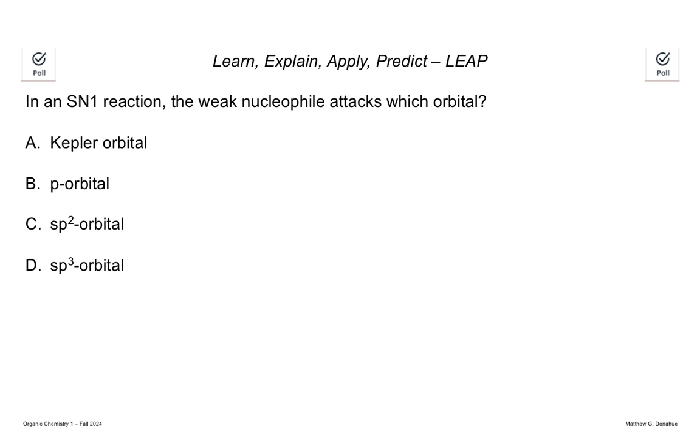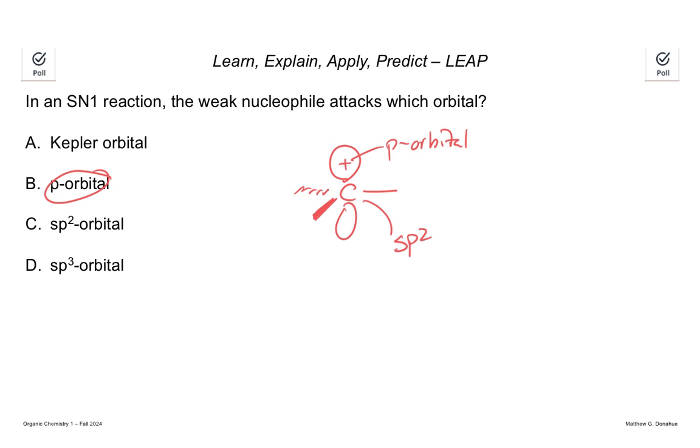So in the SN1 reaction, the weak nucleophile attacks which orbital? This is going to be the p orbital. So the carbon's sp2 hybridized, its 1, 2, 3 substituents lie in a plane.